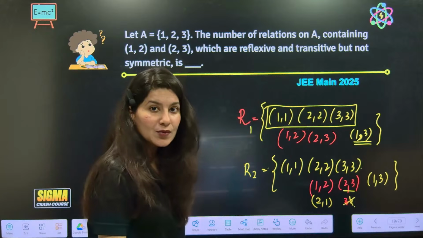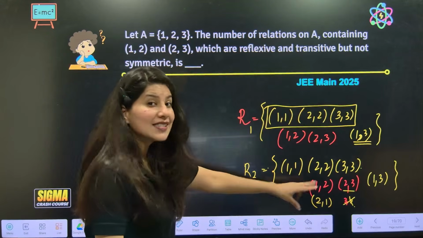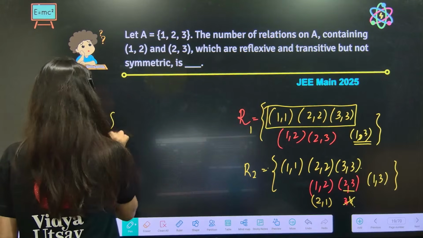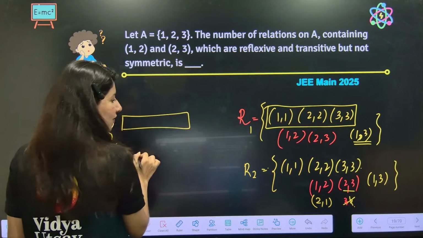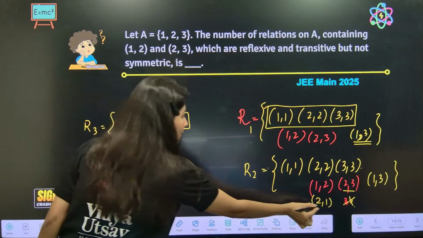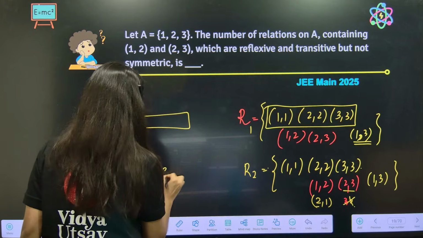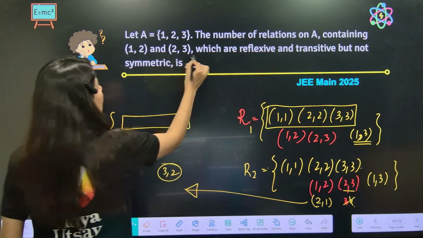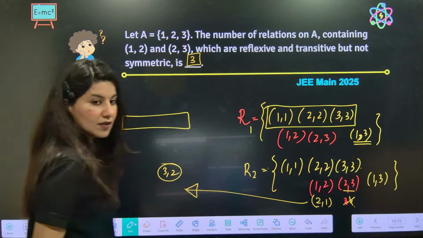That is why this is still not symmetric. So in R3 what I'm going to do is, again the same 1, 1, 2, 2, 3, 3 will be there and everything. Instead of 2, 1, I'm just going to add 3, 2. That's it. So 3 such relations are possible.